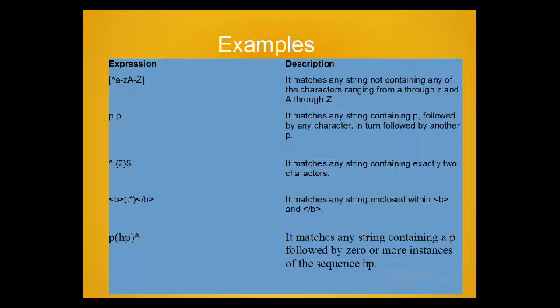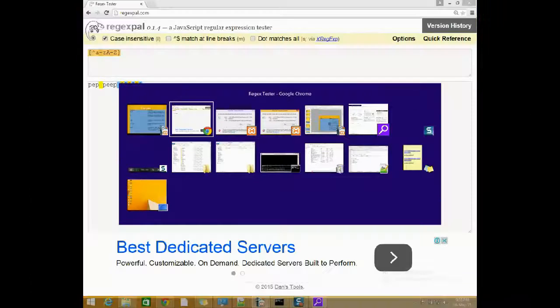And within a bracket, we know that when we write anything, it means we have a range. If we have two characters, then it will match. The second is the example which we PHP developers usually work on, if we want to search some tags of HTML.